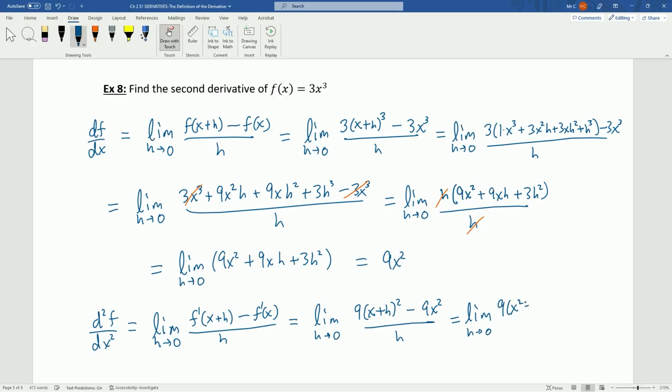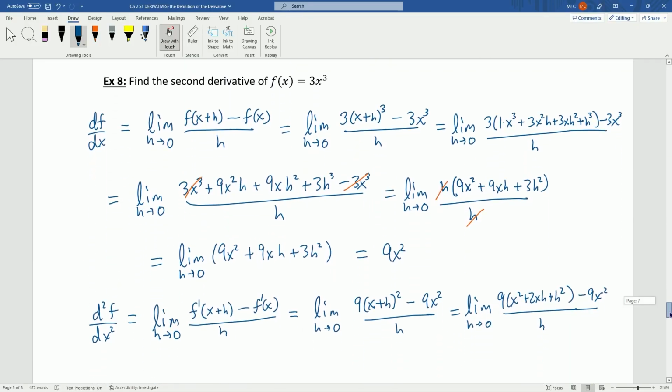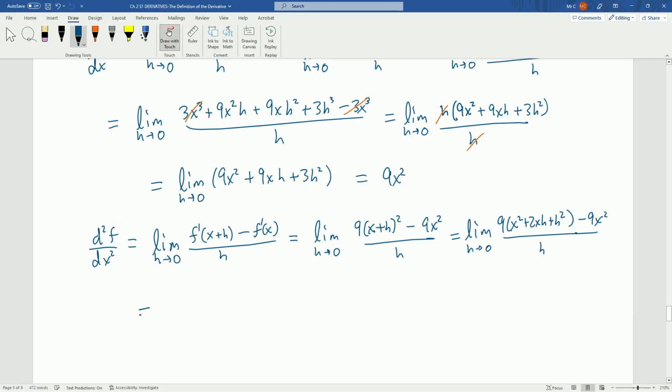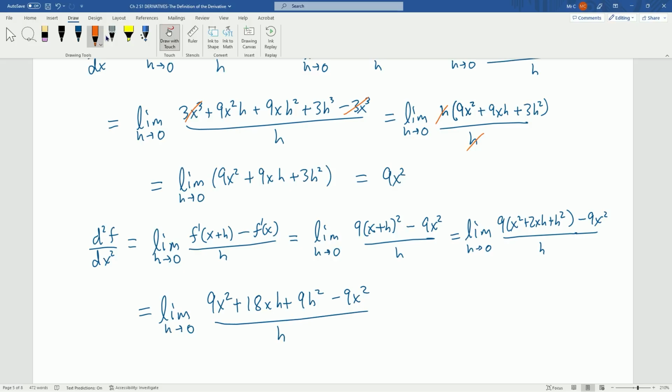That's 9 times (x squared plus 2xh plus h squared) minus 9x squared. Okay, that gives us 9x squared plus 18xh plus 9h squared minus 9x squared over h.